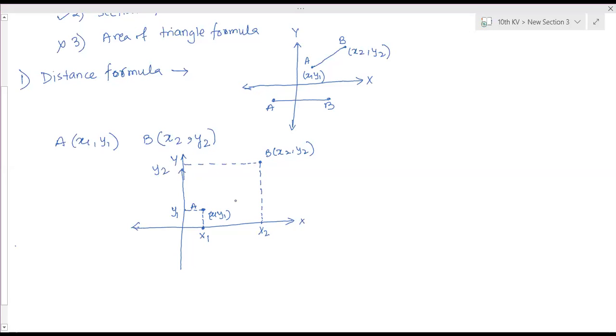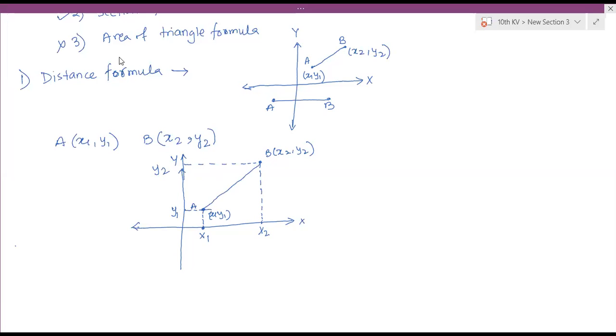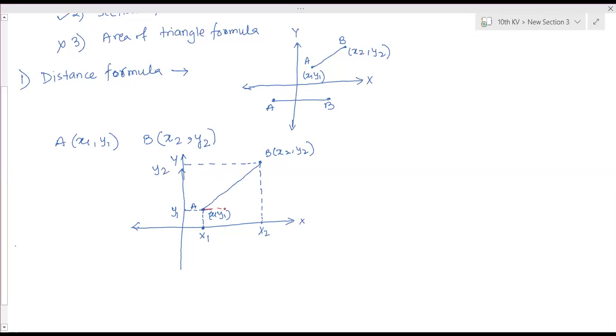Now join these, because we have to calculate the distance between these two. Now draw the perpendicular on this line. This is the perpendicular; we will consider this as point C. Now can you tell me the AC distance? A is at x1, C is at x2.